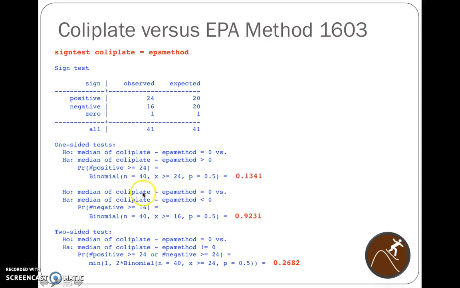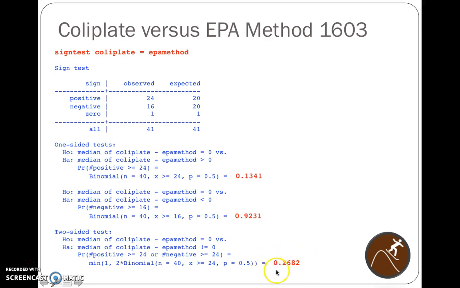So is the median of Coliplate higher than the median of EPA method or whatever. But we are going to just look at the two-sided test. Is there a statistically significant difference, yes or no? And what do we see for the p-value? We see a p-value of 0.2682.